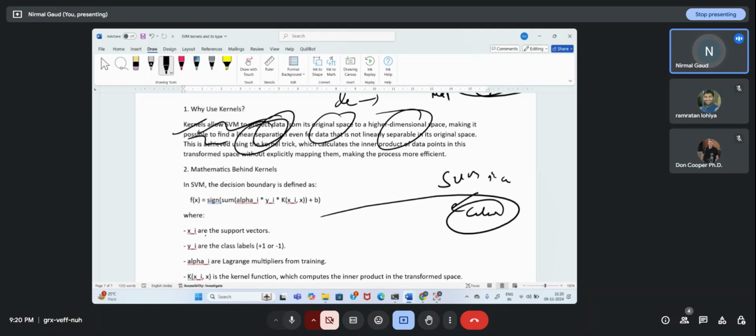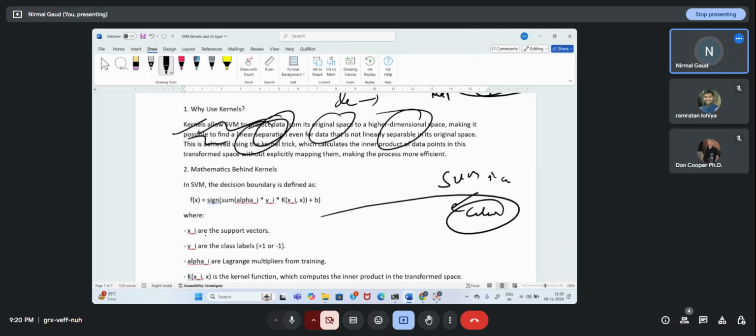The derivation of SVM is towards classification only, but we can adjust it by considering an epsilon tube instead of a hyperplane, and then it converts into regression. In general, SVM is more towards classification.